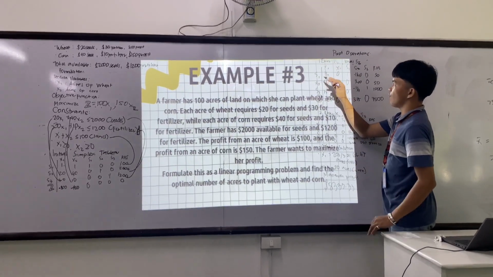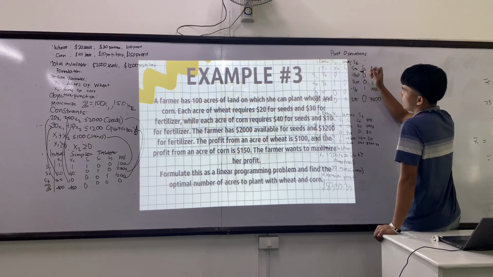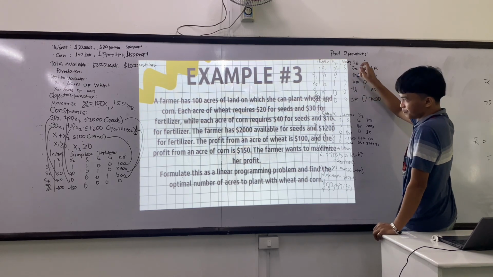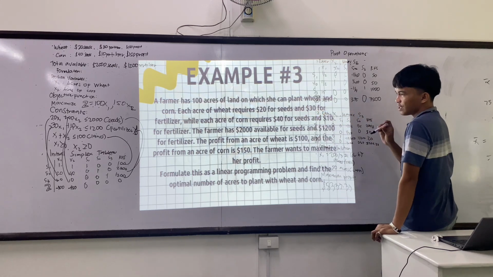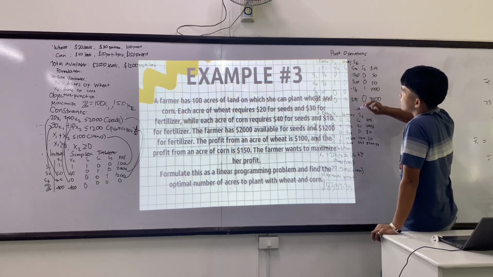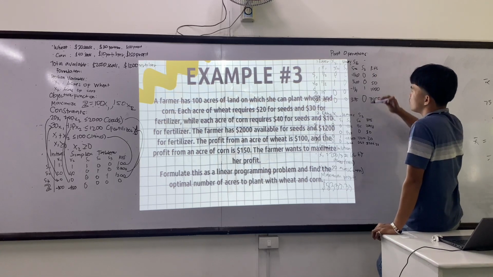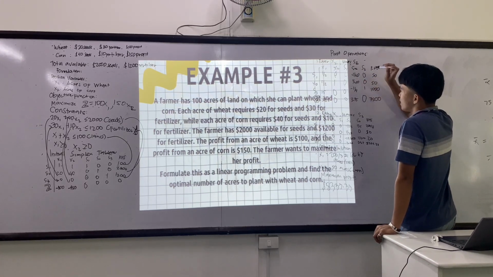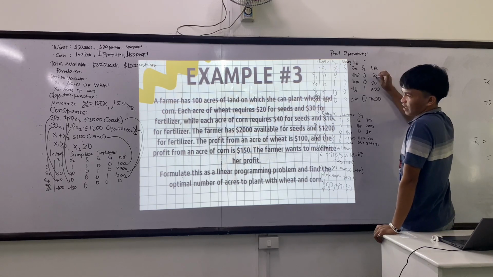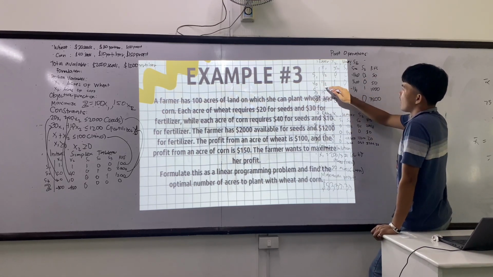For s sub 1, we have here 1 half, 0, 1, and negative 140. As you can see, our s sub 2 there is 0. But in the pivot, we have to put negative 1 on s sub 2 over 40, 0 and 50. Our x sub 2 is 1 half, 1, 0.